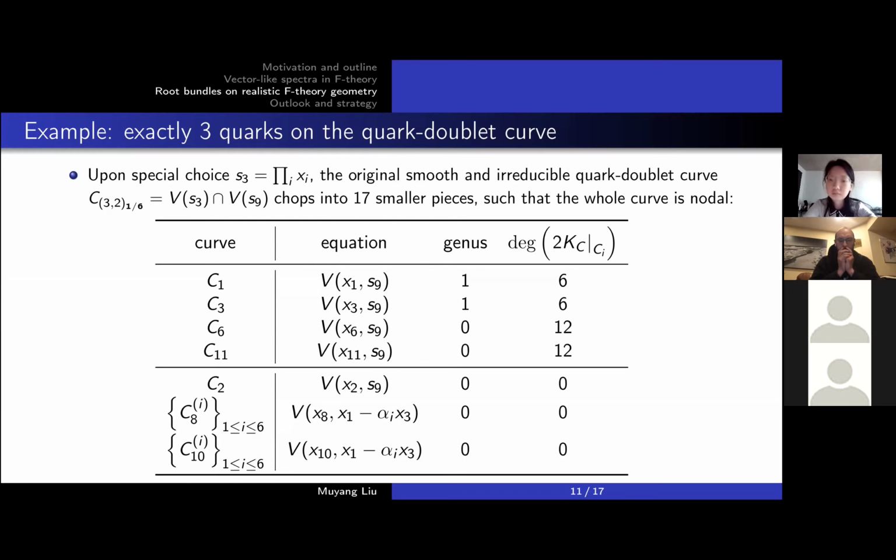Yeah, I'm asking if you've also considered models where one of the components has genus higher than 1, in other words, that carries more cohomology and the others are 0. Yeah, that's also doable.